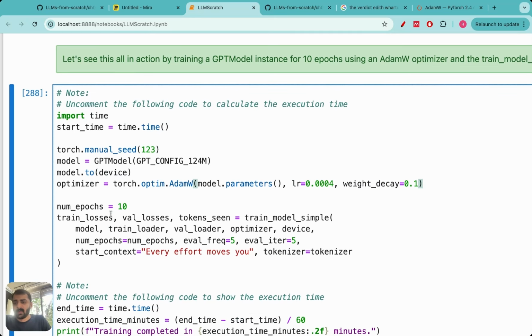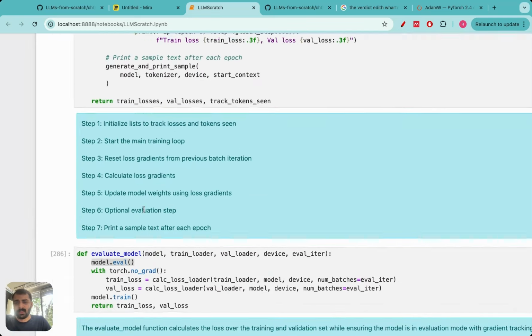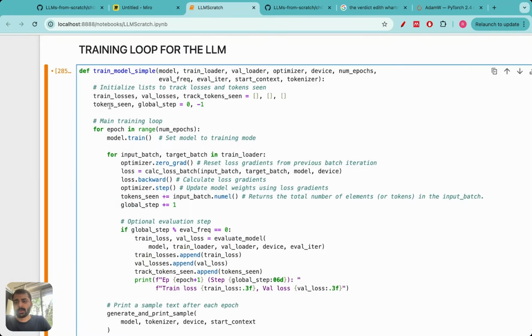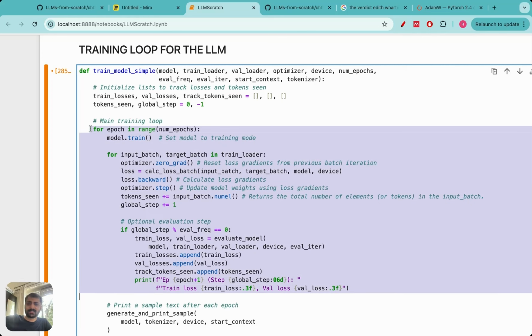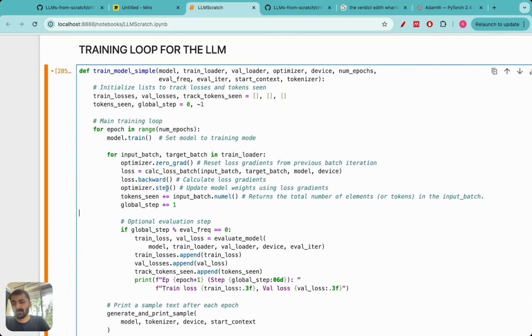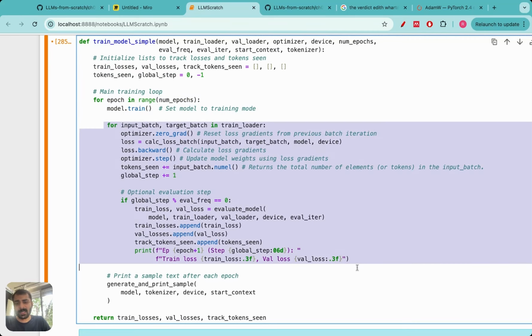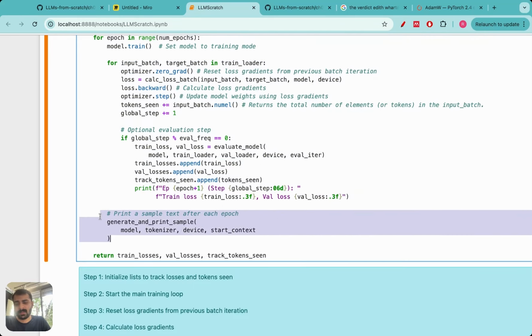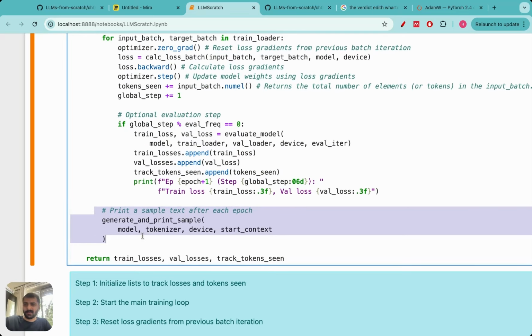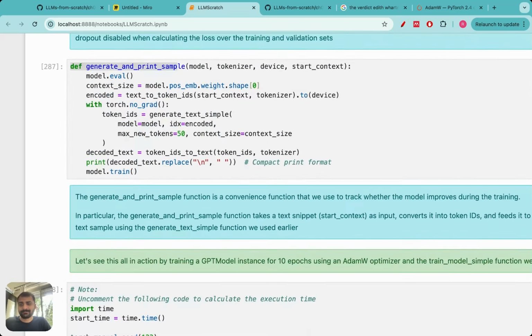There are some other variables which we are going to define before we run the pre-training code. We define the number of epochs to be equal to 10. So here I told you, right, we are going to go through the entire dataset based on what we set in the number of epochs. So if we set the number of epochs equal to 10, we are going to repeat this entire process 10 times, which means we are going to print the generated sample after every epoch, 10 times.